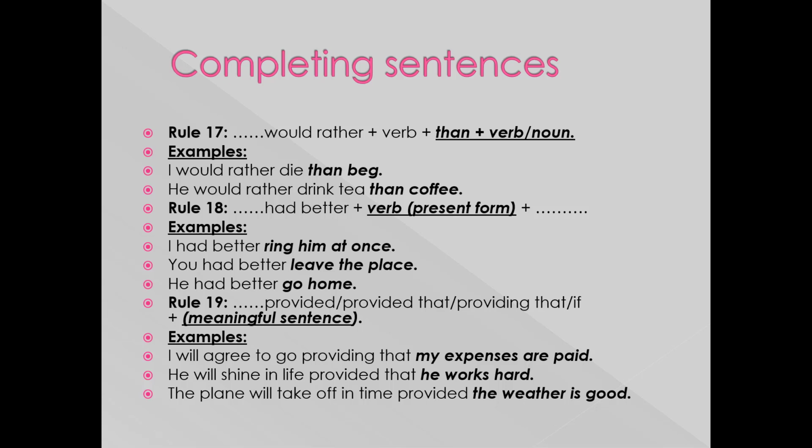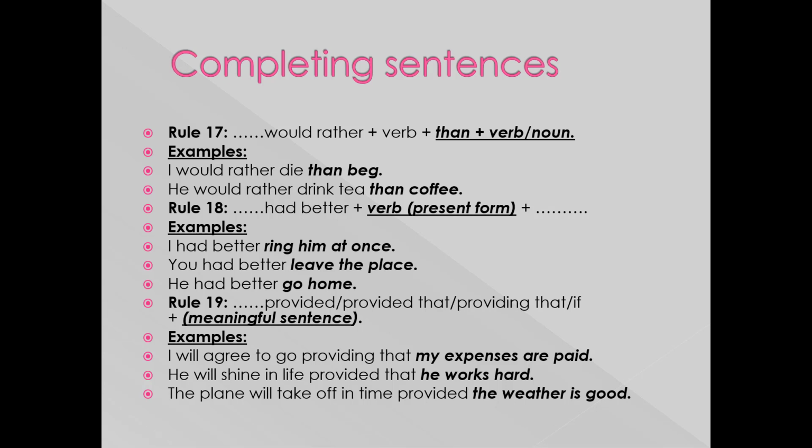Whenever we give some suggestion, sometimes to ourselves, sometimes to others, then we use this modal auxiliary had better. And after had better, always we have to use the present form of the verb. Don't be confused seeing had, it is actually a modal auxiliary, had better. And after this we have to use the verb in the present form.